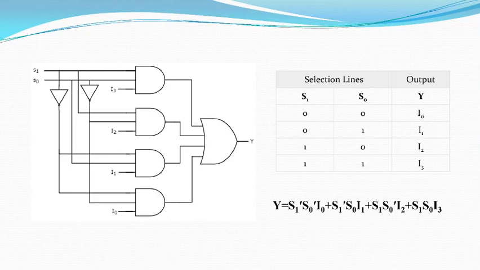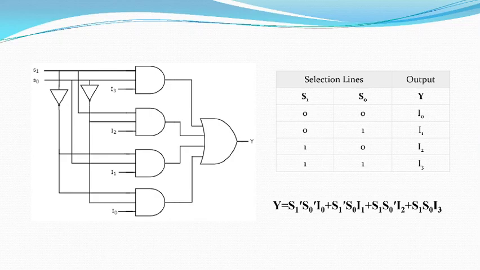Case 2. When the select lines S1, S0 represent 0, 1, then the input line which will be selected will be I1. In this case, the multiplexer will behave as a short circuit for input line I1, while it will behave as an open circuit for other input lines.